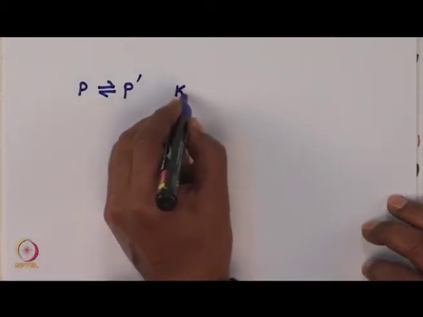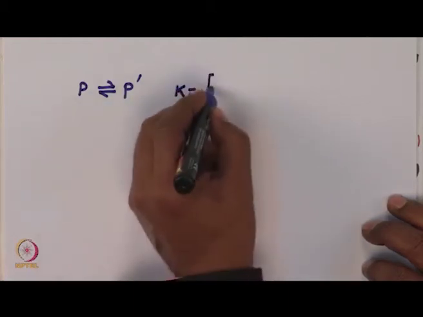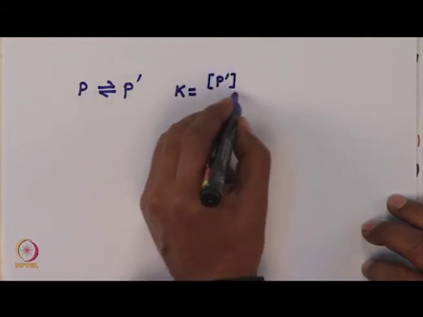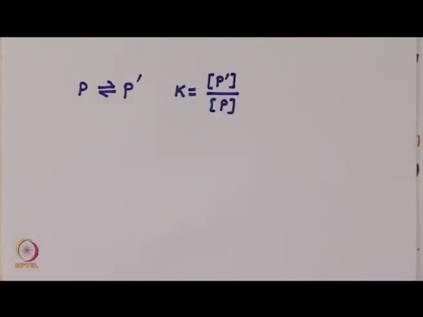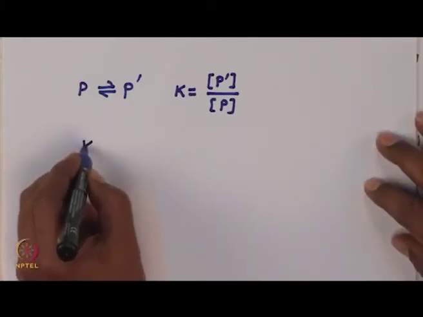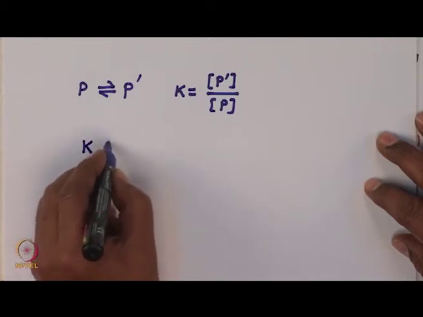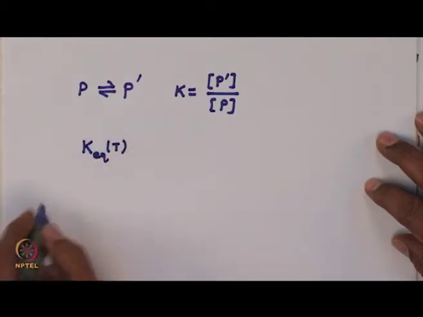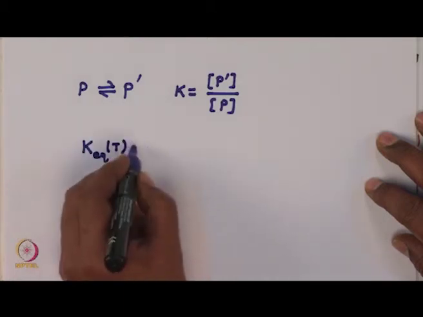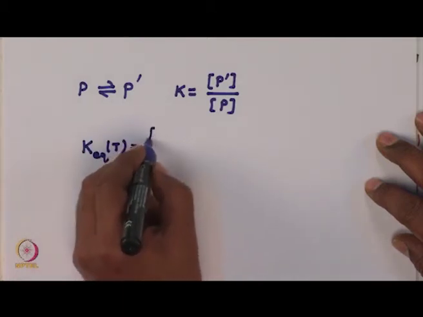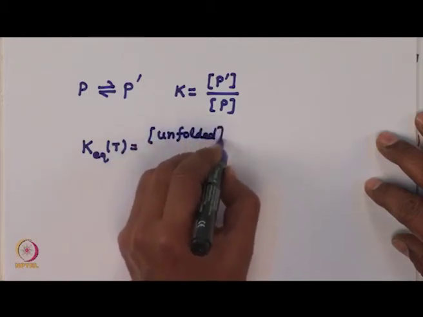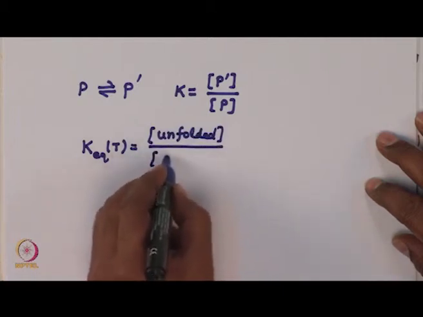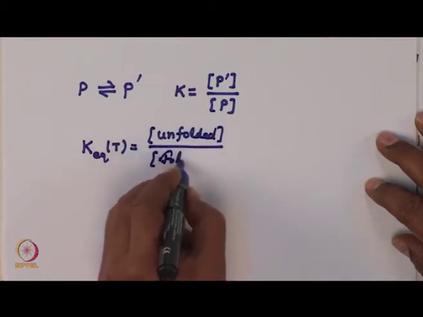And the associated value of K is equal to the concentration of P prime over the concentration of P. And if now I have to write K equilibrium at temperature T, for this I can write the concentration of unfolded form divided by the concentration of folded form.